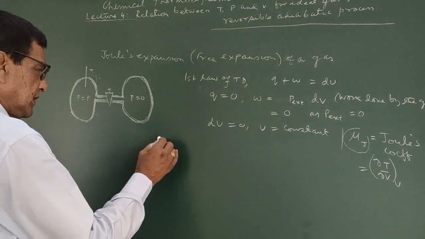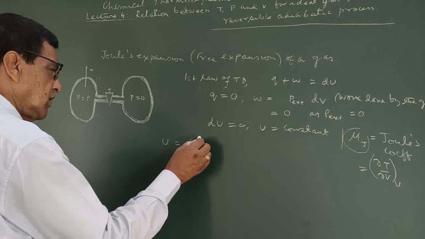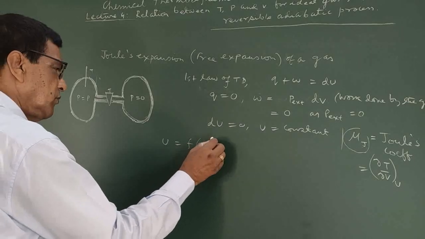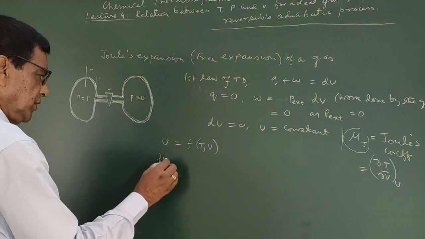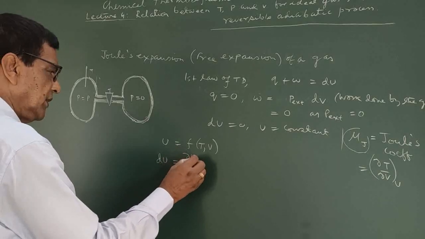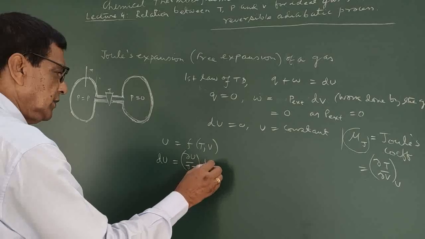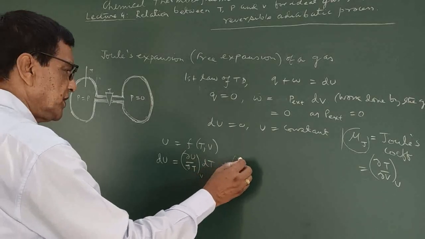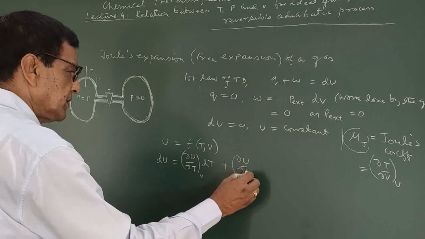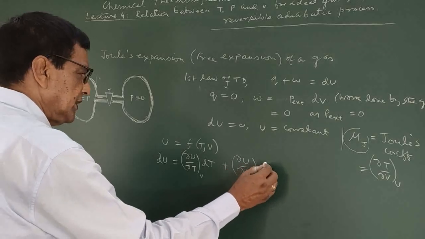We know this U is a function of temperature and volume. So dU equals del U by del T at constant volume into dT, plus del U by del V at constant temperature into dV.